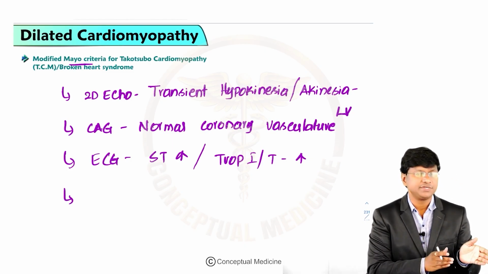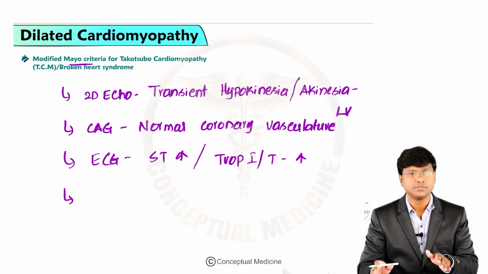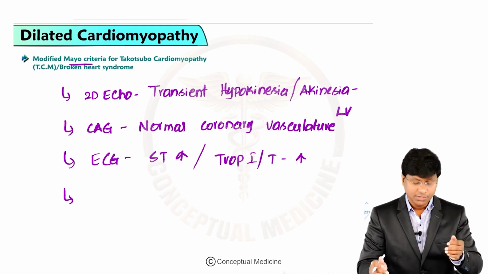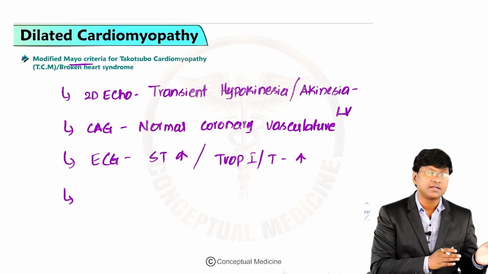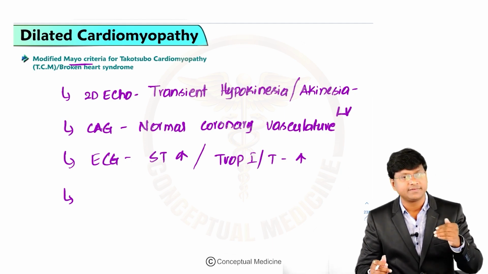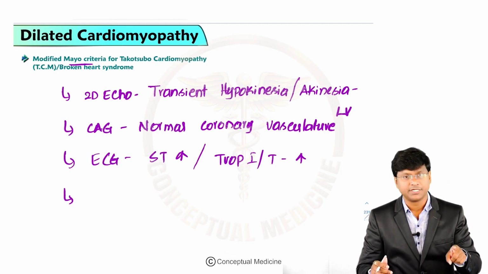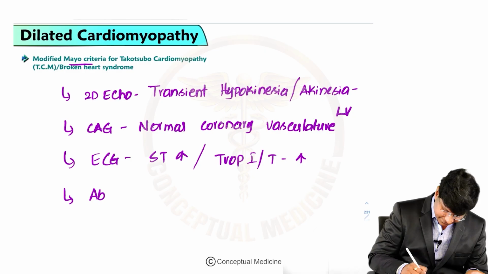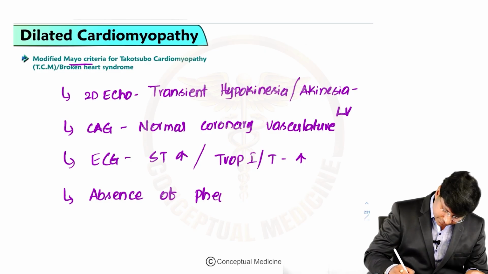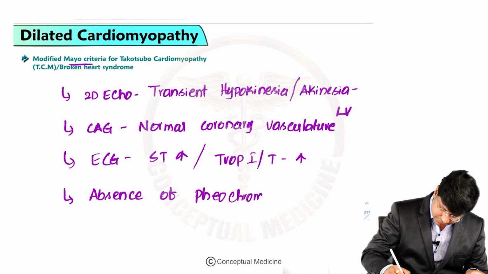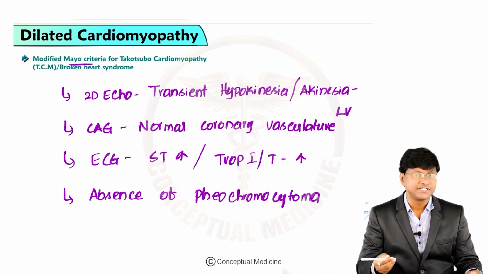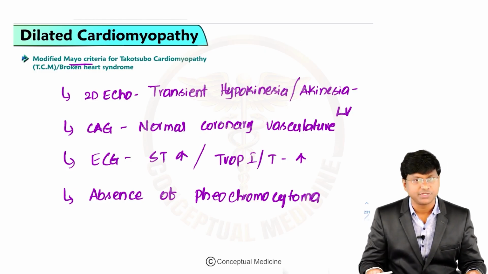Now, what was the etiology we have discussed? Extreme stress causing elevation of your catecholamine levels. So what is another clinical condition where there are elevated catecholamine levels in the blood? That is pheochromocytoma. So number 4, there should be absence of pheochromocytoma or myocarditis within the individual.